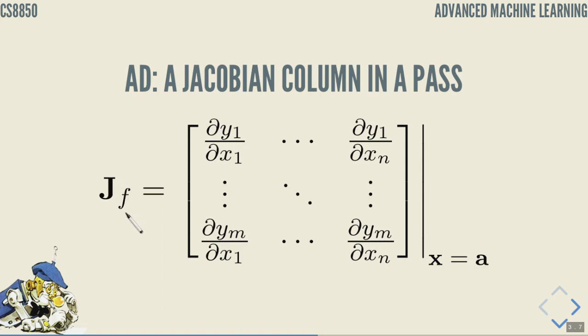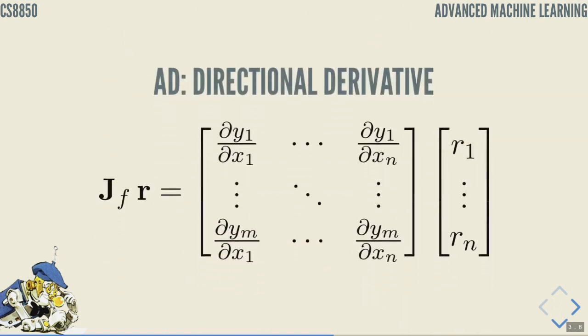So we have the Jacobian of a function f, and that's what it is: all of the corresponding derivatives of every output component with respect to every input component. That's why its dimension is the output components by the input components, m by n. So a directional derivative is nothing but a product of this Jacobian times a vector. We're not actually evaluating it.